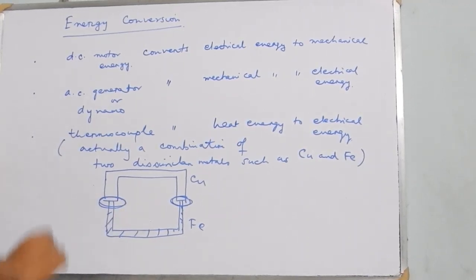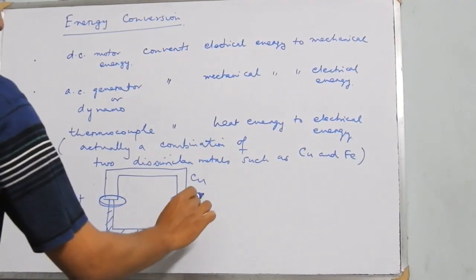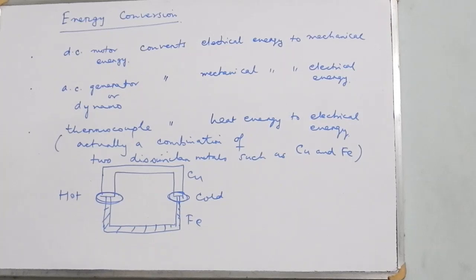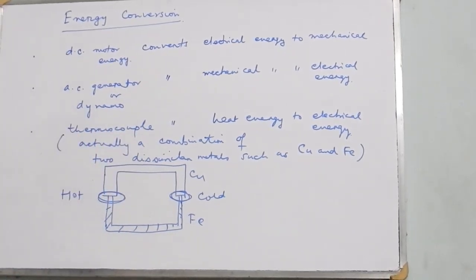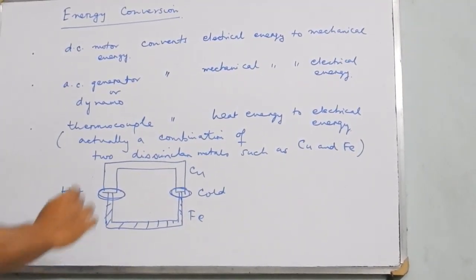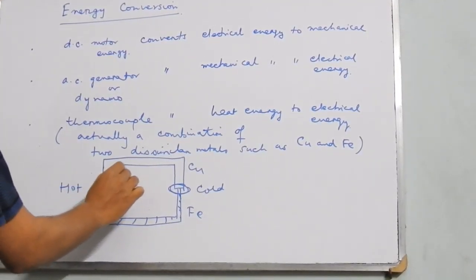One junction is kept hot, maintained at a higher temperature, and the other junction is maintained at a cold, or lower, temperature. Then we realize that current flows from the hot to the cold junction along copper to iron. So this will be the direction.